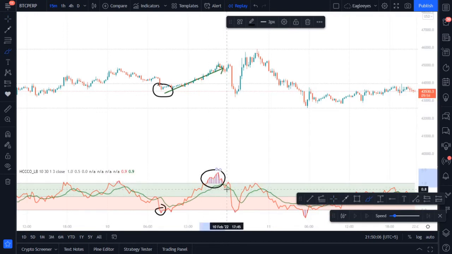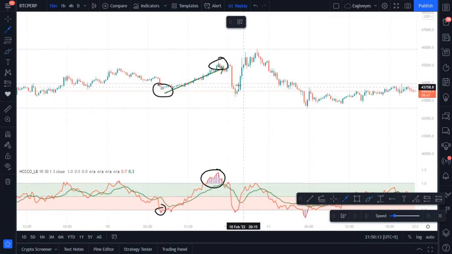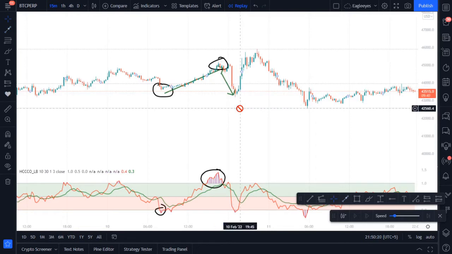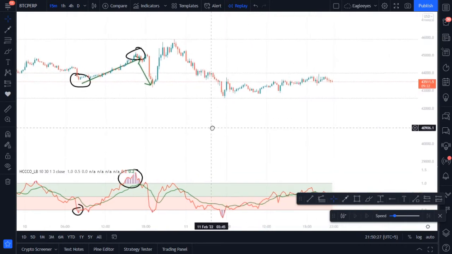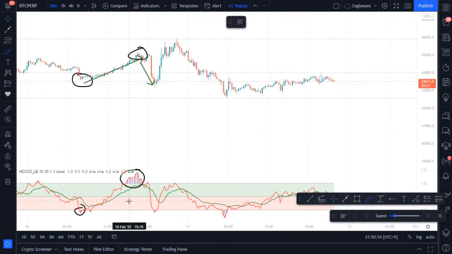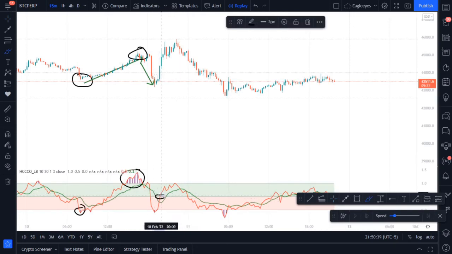Here you can see another signal, and here is the cross of both red and green one. So we are confirmed about that trade, so we can enter and make a decent profit from that trade. Remember my point for the live trade, because if you only consider the red line going below the one level, you will probably get a false signal.